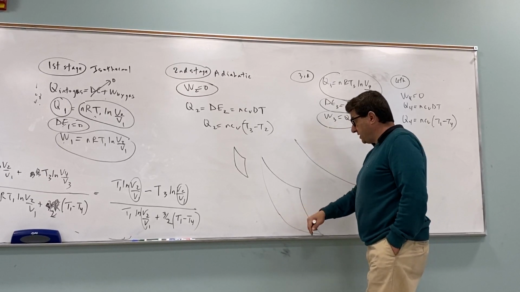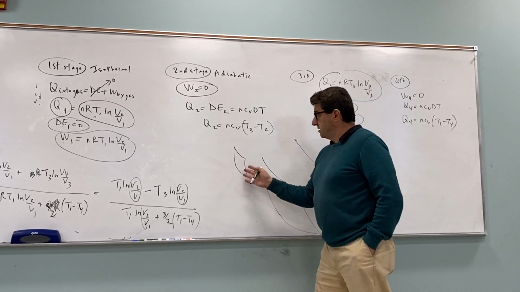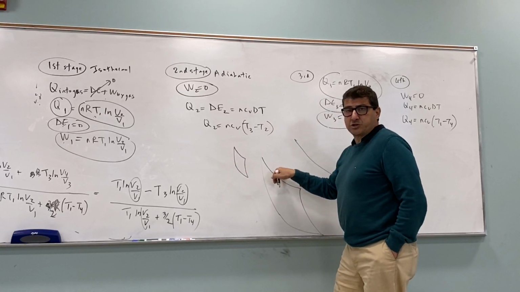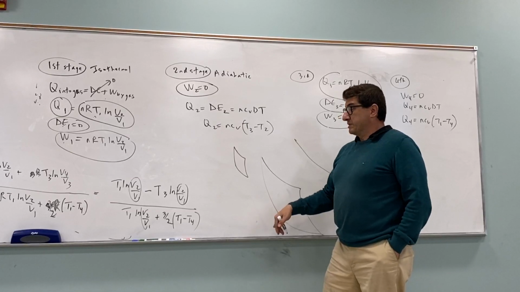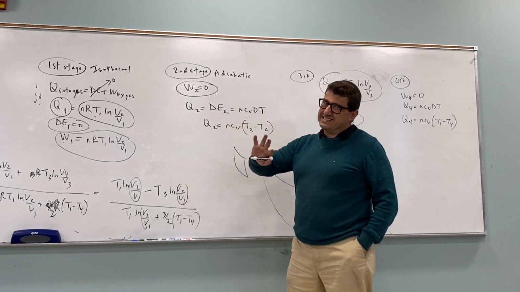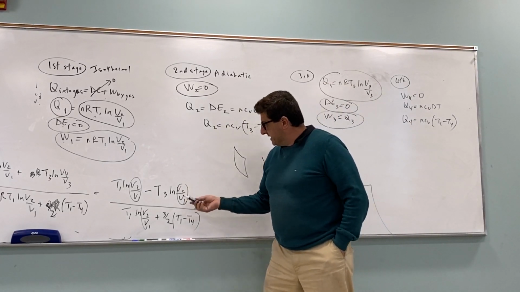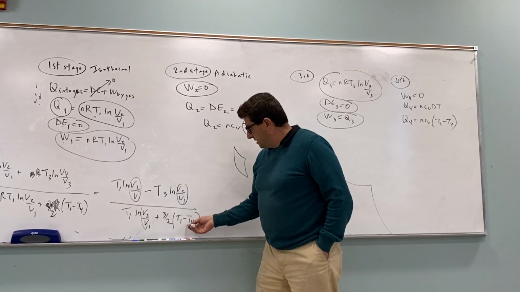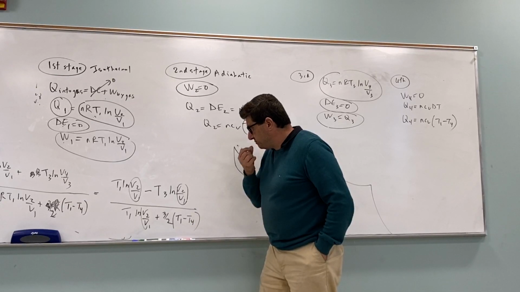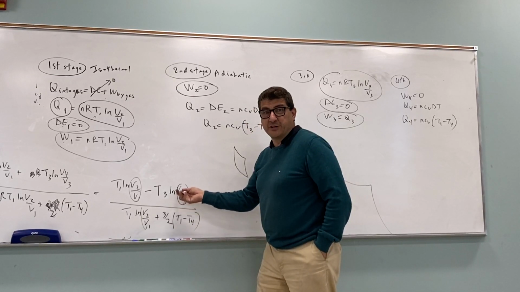So for the Carnot cycle, the efficiency only depends on the temperature of the hot and the temperature of the cold. With the Stirling cycle, not that easy. It depends on the temperature of the hot, the temperature of the cold, but also on the ratio of the volume.